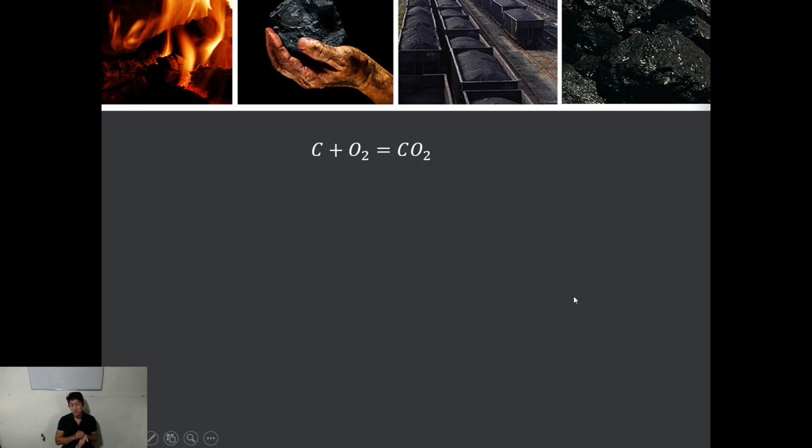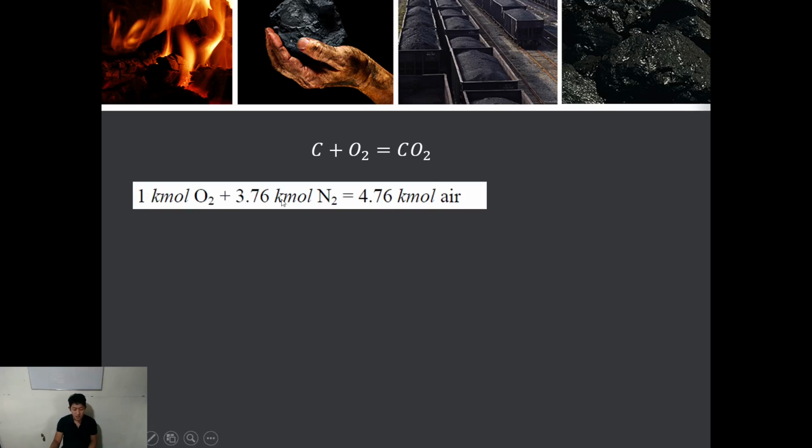Now, your carbon is not reacting with pure oxygen, because what you actually use is air. Now your air has 3.76. You need 3.76 kilomole of N2 to form air for 1 kilomole of oxygen. So therefore, you should have nitrogen in your reactants and products.